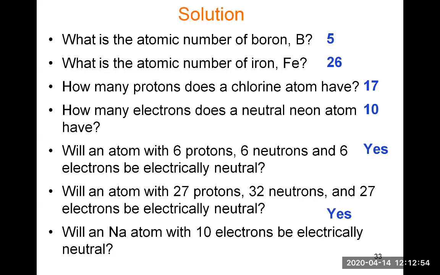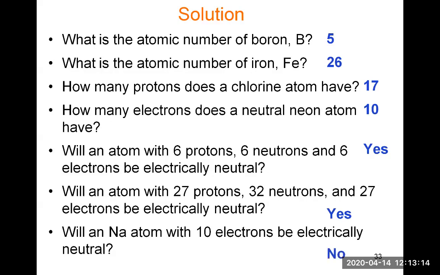Will an Na atom with 10 electrons be electrically neutral? So Na is the symbol for sodium. Sodium is found on the left side of the periodic table, atomic number 11. So will a sodium atom with 10 electrons be electrically neutral?